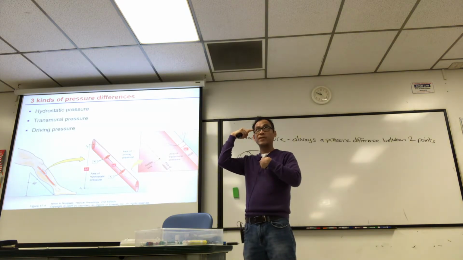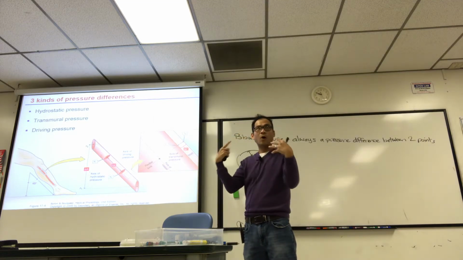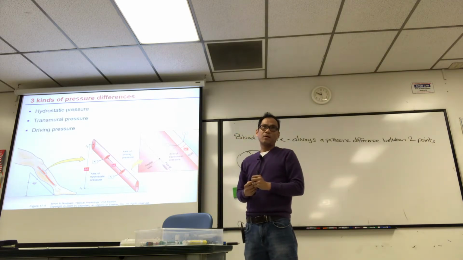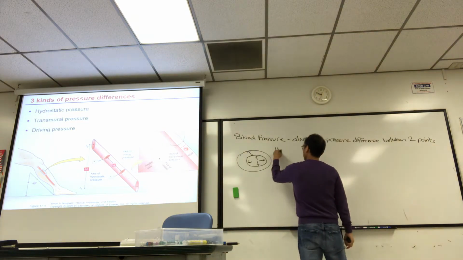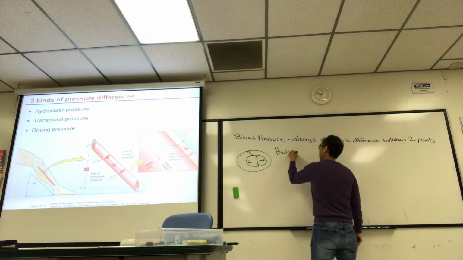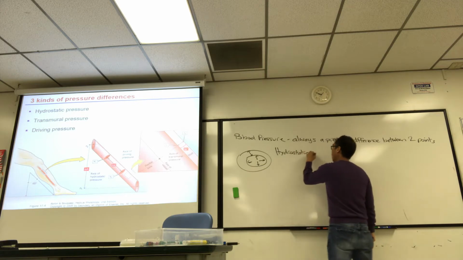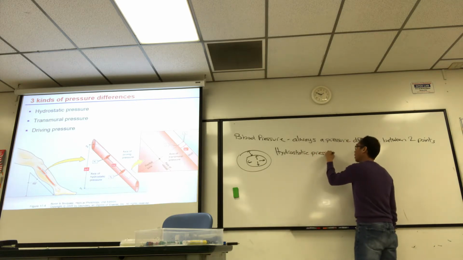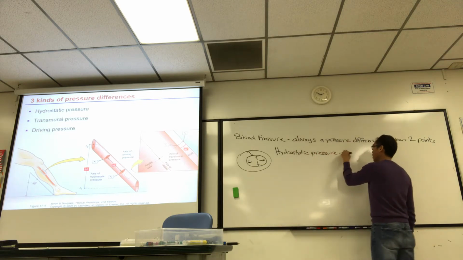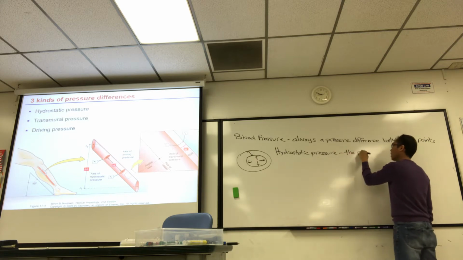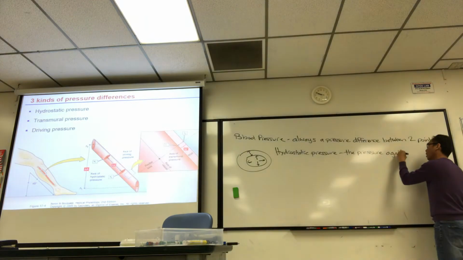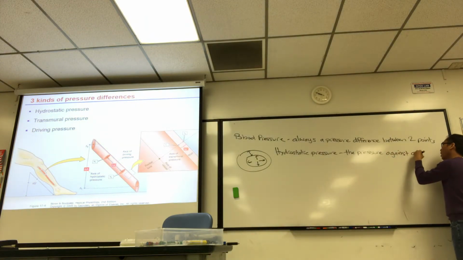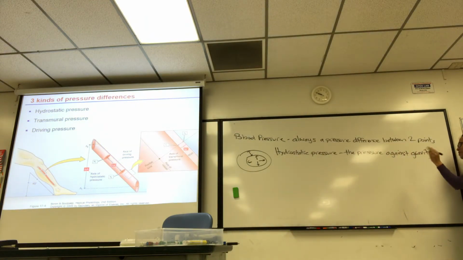It's here. So you have to get it up to here. So you have to overcome gravity. Hydrostatic pressure. The pressure against gravity. But that's all I usually say about it.